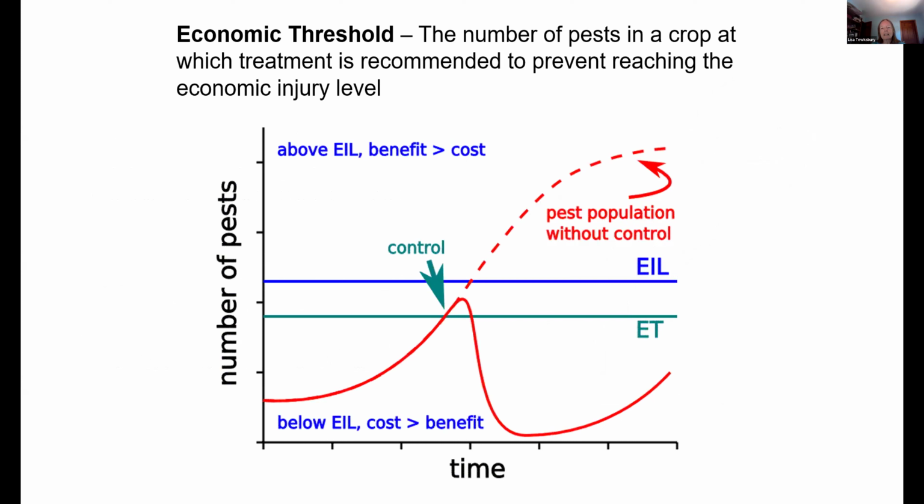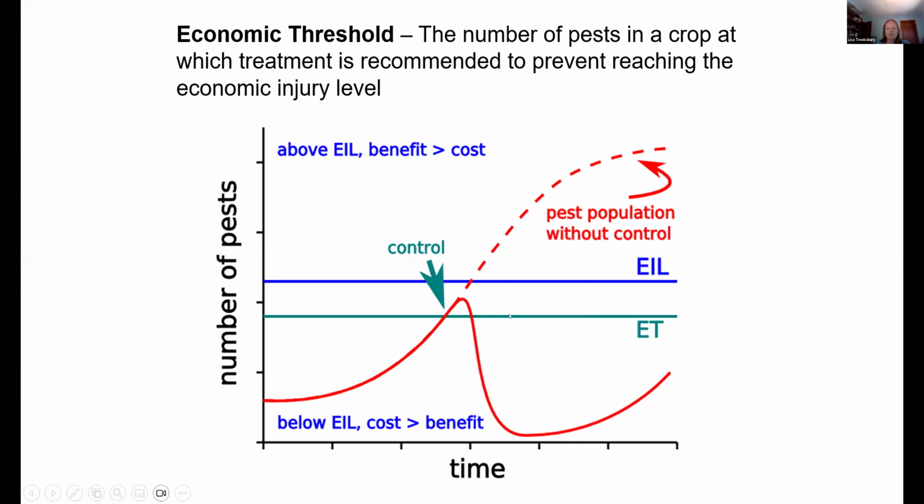So the next thing that you'll hear a bit about in talking about IPM is the economic threshold. And that's generally the place where a farmer wants to make a decision to do something because they have a pest that has gotten to too high a level. I don't know if you can see my pointer, but this red line is basically what the pest is doing. And this economic injury level is where we think that, say it's the strawberries, anything that happens to the strawberries is going to be too much damage for us to be able to make a profit, to do well.